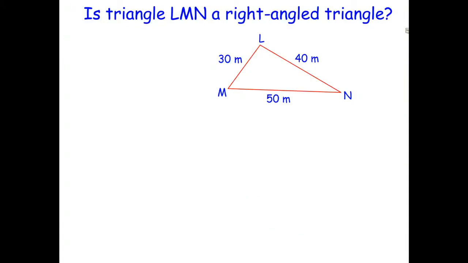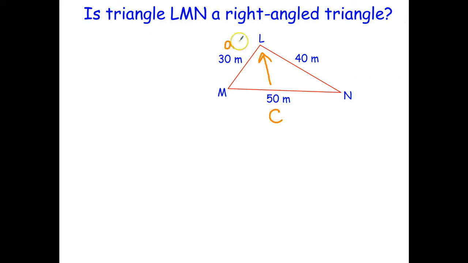Okay, let's find out if triangle LMN is a right angled triangle. To start with, we've got to figure out which side might be opposite a right angle, and we find the longest side, and the angle opposite that is potentially the right angle because it's the longest side. So I'm going to put a C on the 50. It's the longest side.